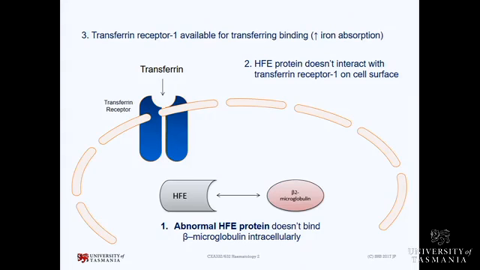And so what happens in the gut, we have just all of the iron that is available being absorbed through the enterocytes into the plasma, and then within the body, the cells turn into little iron sponges, and they just soak up all of the iron that's available to them, because the brake on the amount of transferrin coming into the cells, the brake on the amount of iron being absorbed into the body, has been removed.